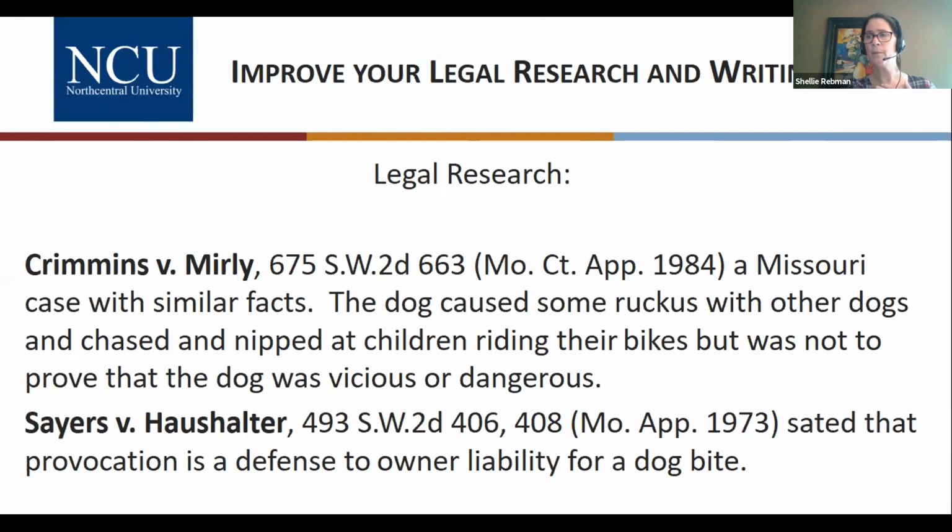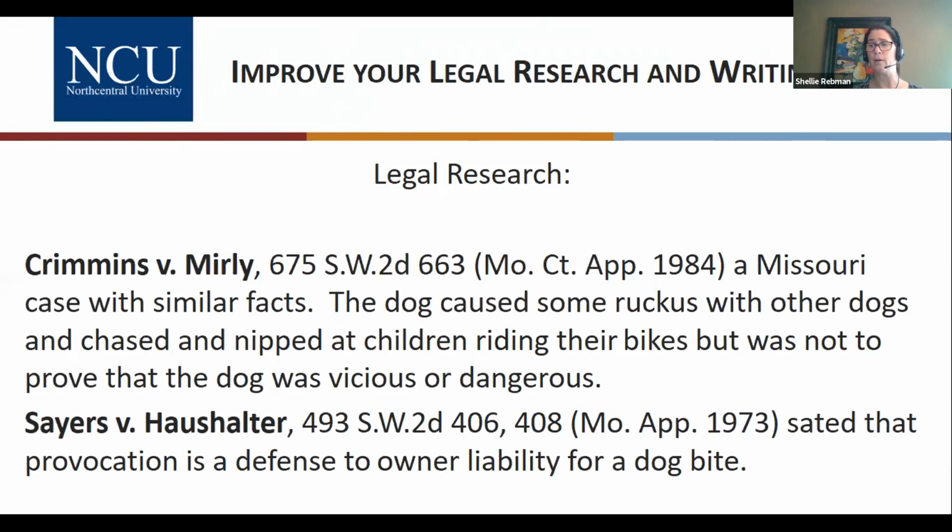Here, my research resulted in Crimmins versus Murley. It's a Missouri case with similar facts. The dog caused some ruckus with other dogs and chased and nipped at children riding their bikes. But he had never hurt anyone, just like Bouncer.